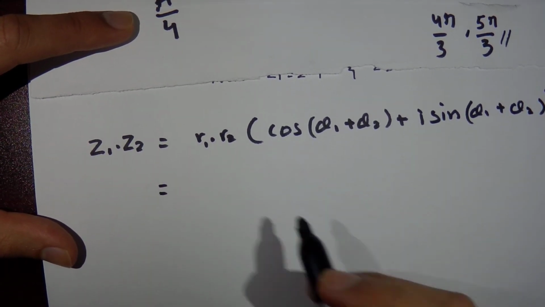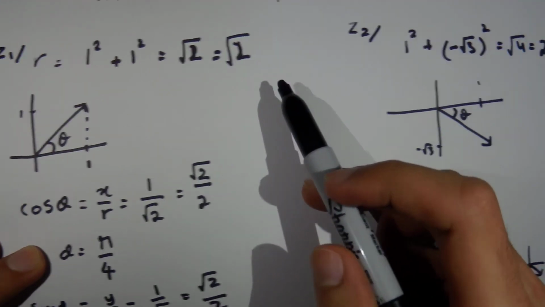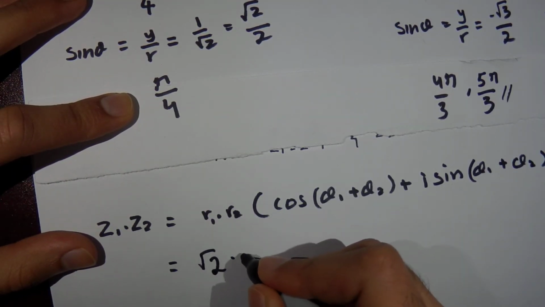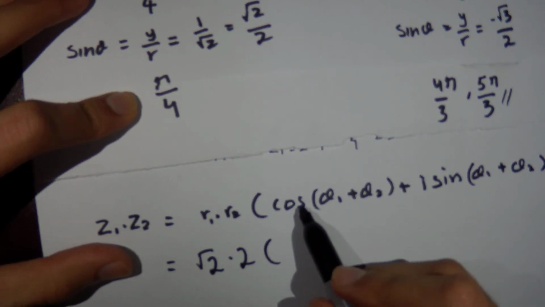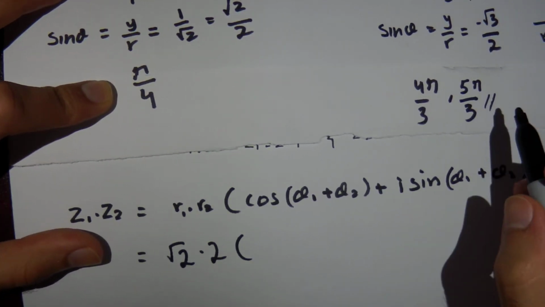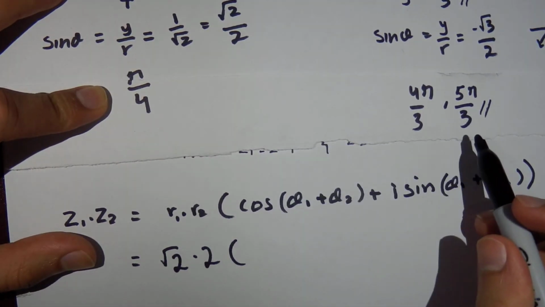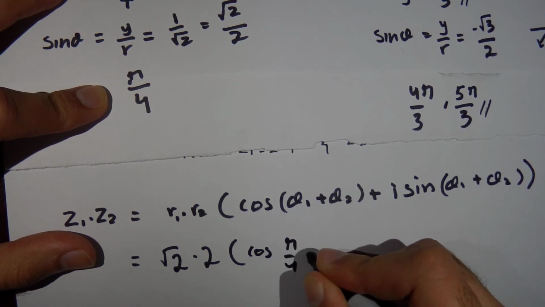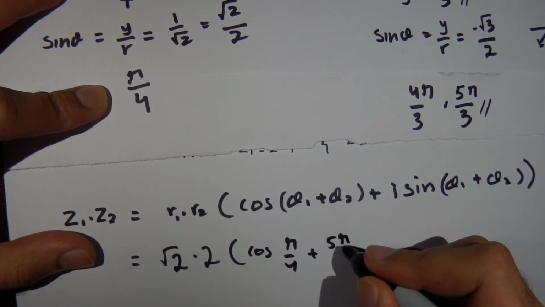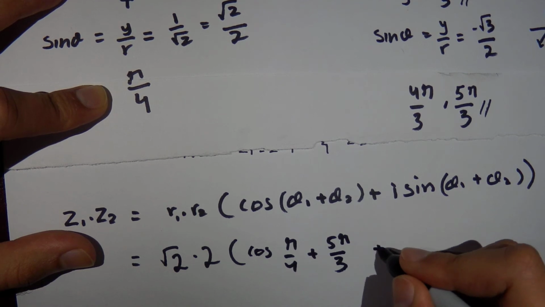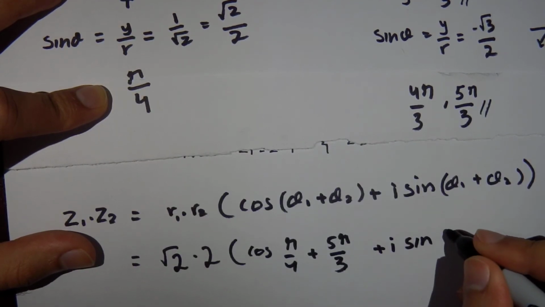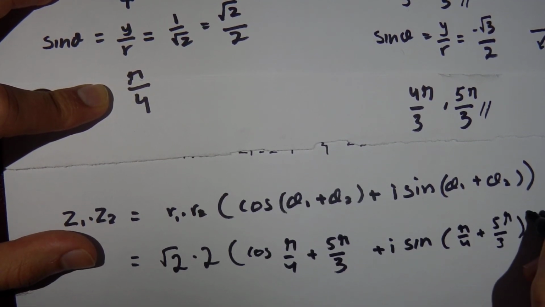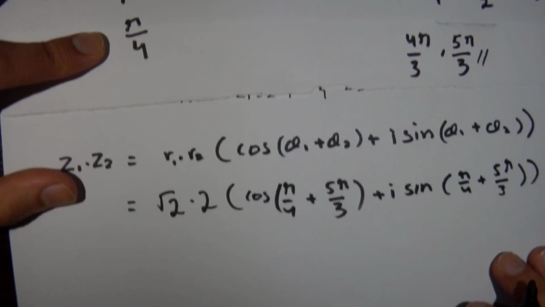Now I'm just plugging in. r1 was radical 2, r2 is positive 2. So radical 2 times positive 2 multiplied by cosine of theta 1 plus theta 2, so theta 1 pi over 4 plus 5 pi over 3, plus i times sine of the same two thetas, pi over 4 plus 5 pi over 3. There we have it.